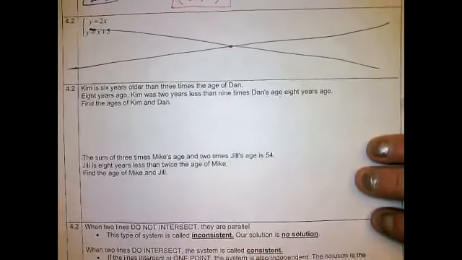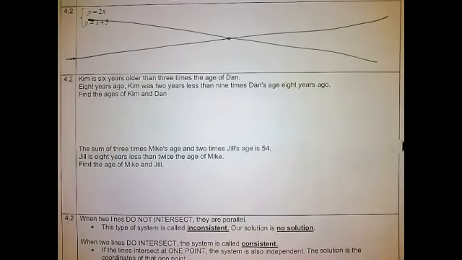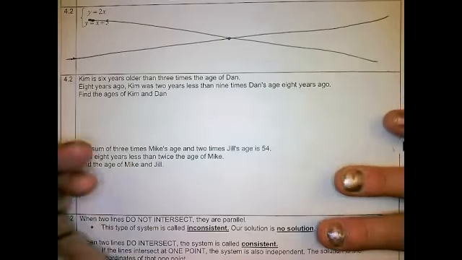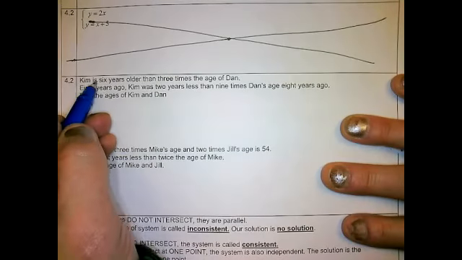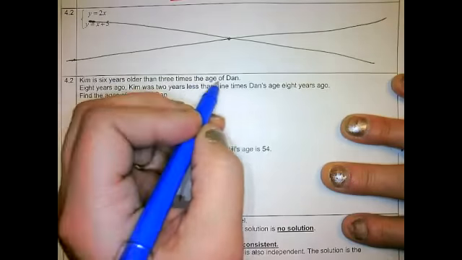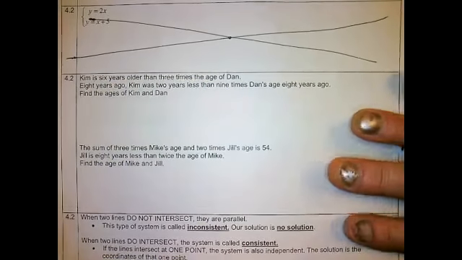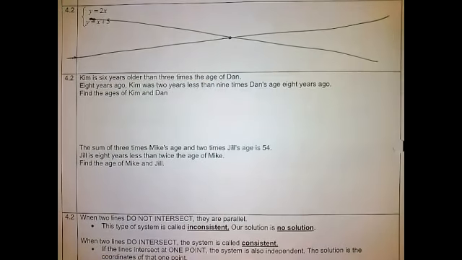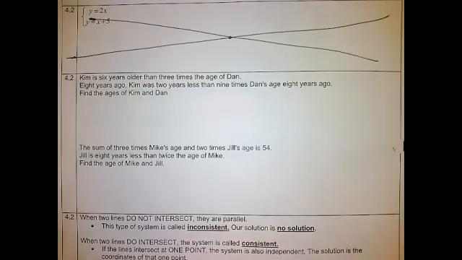We're actually going to work a couple of word problems now. So let's read this first sentence. It says, Kim is 6 years older than 3 times the age of Dan. So in this problem, I'm going to use K's and D's instead of x's and y's so that I remember who's Kim and who's Dan.